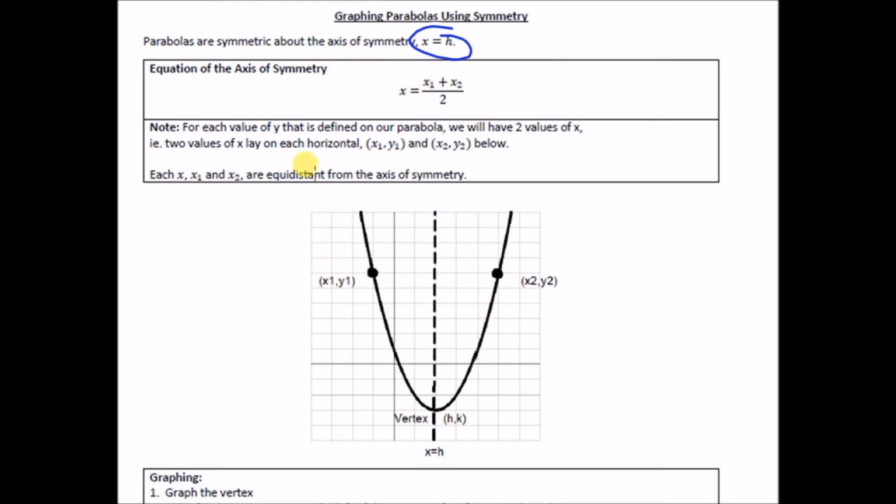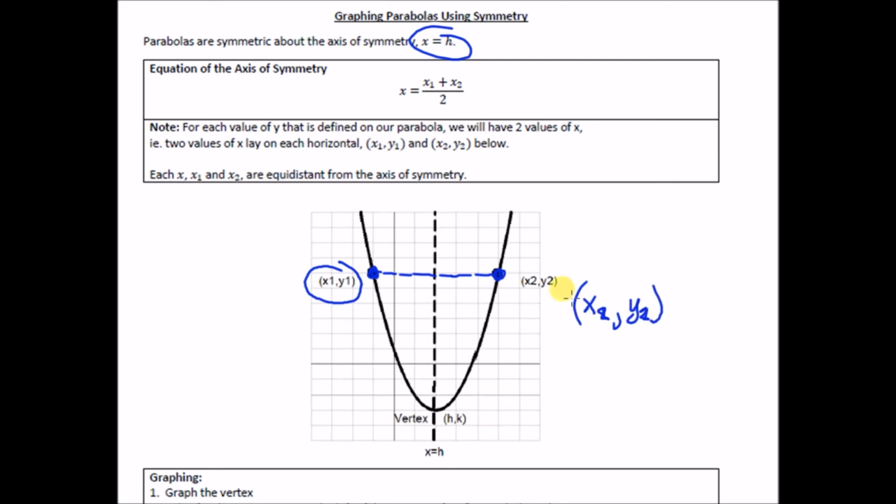For example, in this diagram below, we have x1, y1, which is point 1, and directly across, on the same horizontal, we have x2, y2.